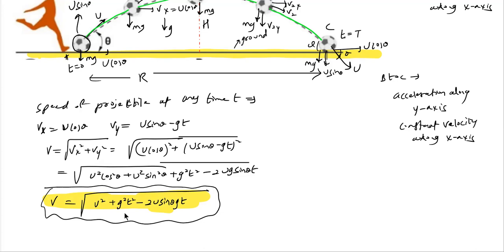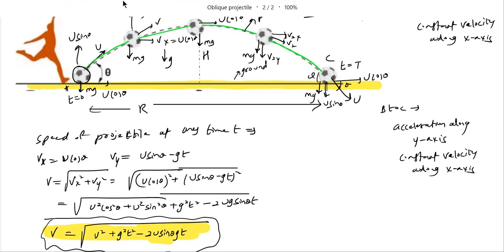Afterwards, the position vector. The position vector means this one. This will be y, and this will be x. The position vector we define like this, R bar.